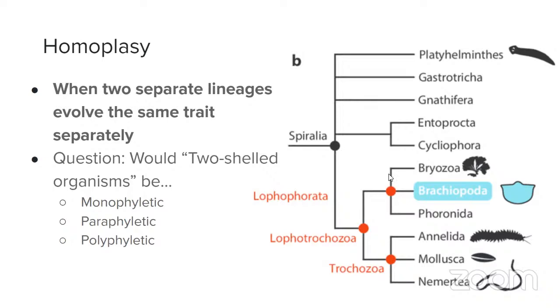So practicing another one of our terms. So we had some terms that we used to describe groups in phylogeny. So say we decided to describe a group, if we're beachcombing or something, we're just going to describe this group as two-shelled organisms. Right? We're going to come up with some word for them, two shelly things.